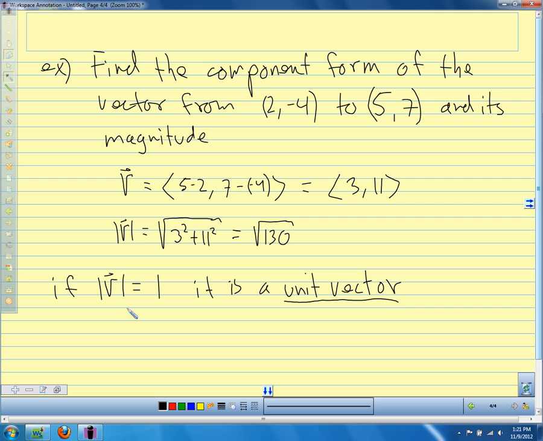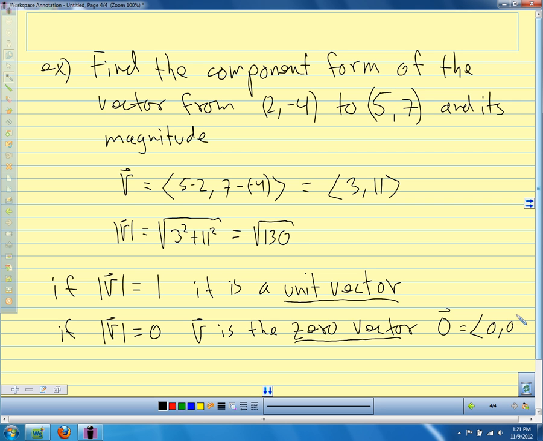A vector with length 0 is called the 0 vector. And the 0 vector we write as 0 vector, or as 0, 0. So the 0 vector is a vector with 0 magnitude. The 0 vector is not the same as the number 0. A vector is not the same as a number.